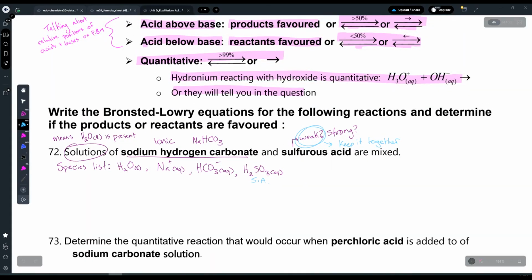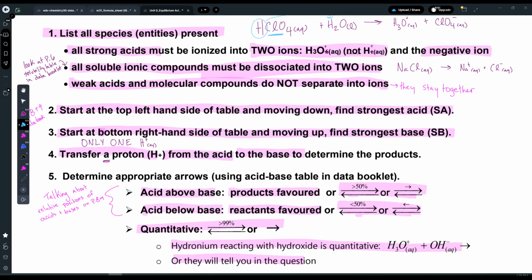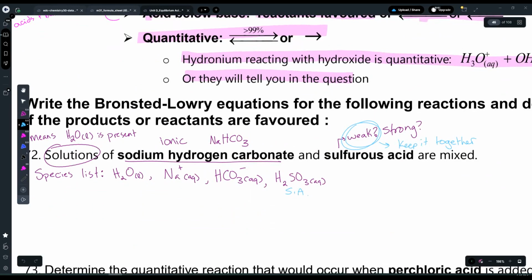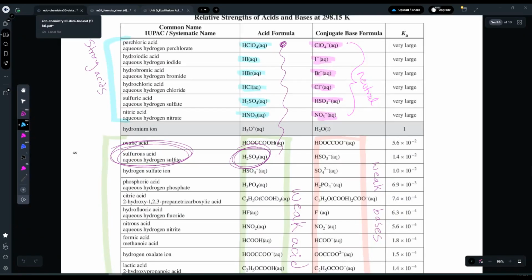Okay, so now we need to do step 3. So we need to start at the bottom right-hand side of the table, and moving up, we need to find our strongest base. I need to keep my species list in mind as I'm going through the table here.